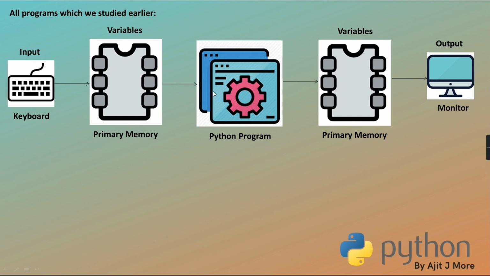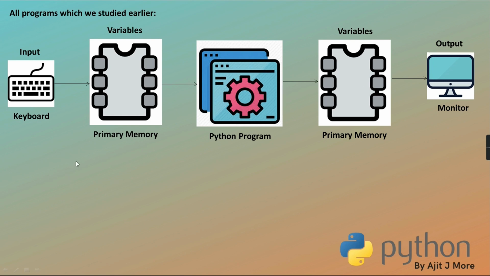But in this whole process, you can see the values in these variables in the primary memory exist only till your program is running. The moment your program terminates, all the variables are lost, means these values are lost. They won't exist, right? But the situation is that we want to keep these values.